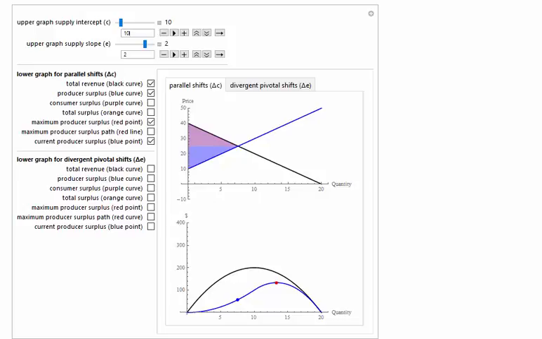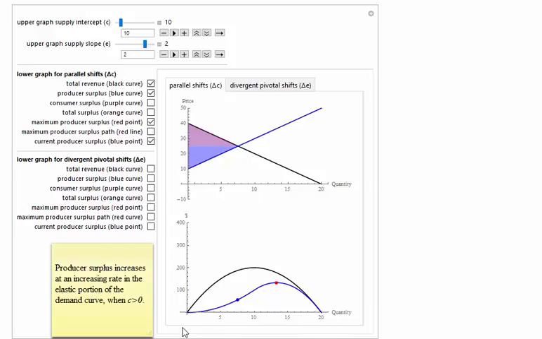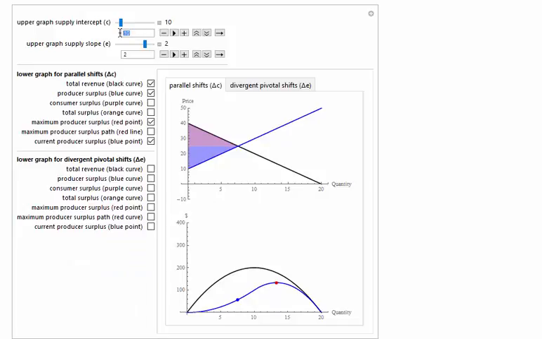And what we see is that up here, up to an inflection point, producer surplus increases at an increasing rate in the elastic portion. And let's take this to C to 0, I should say.